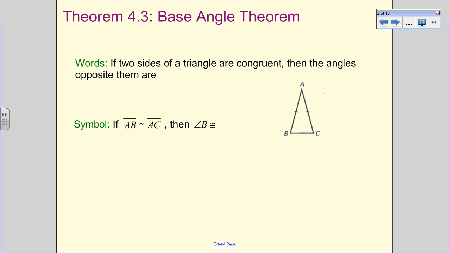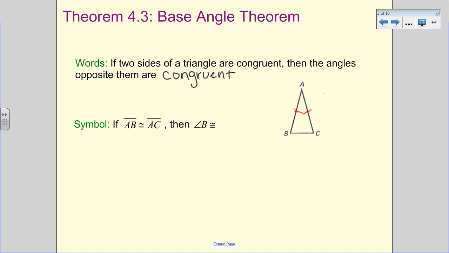All right, and so that's what we mean by our base angles. Theorem 4.3 tells us that if two sides of a triangle are congruent, then the angles opposite them are congruent. So we've got our two congruent sides right here. We need to look at the angles opposite those.